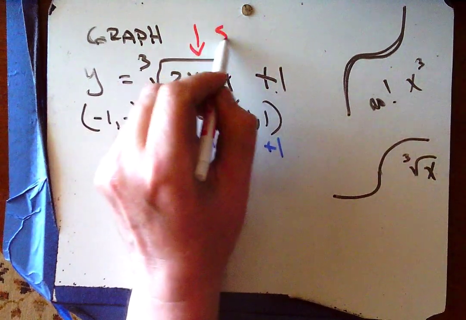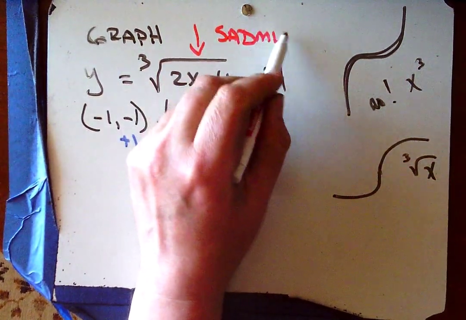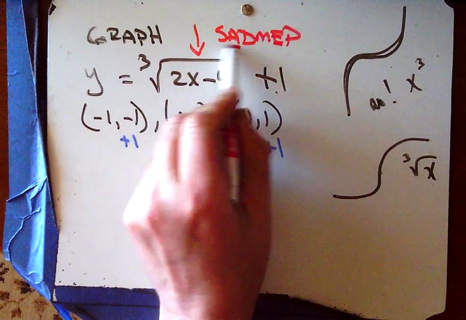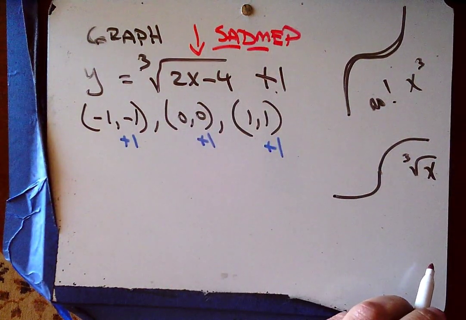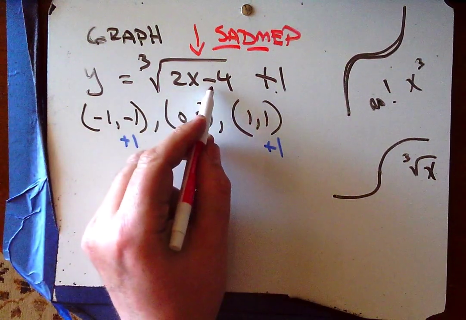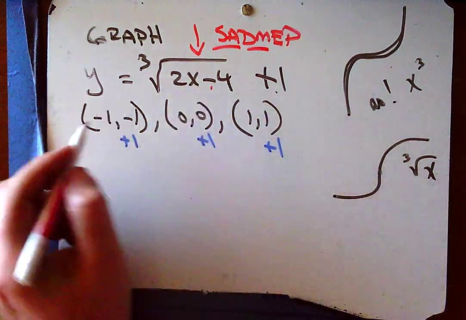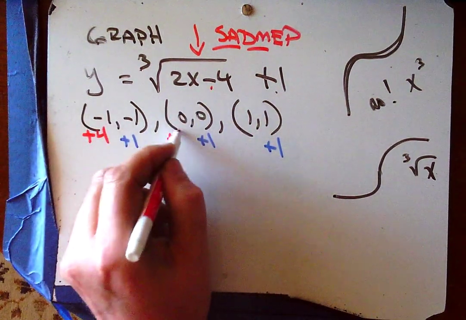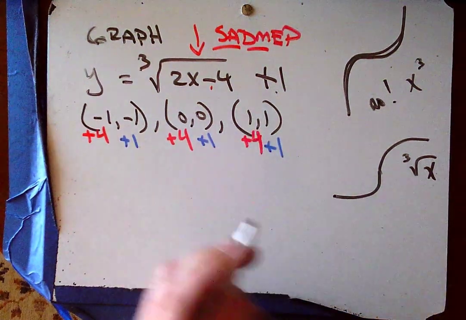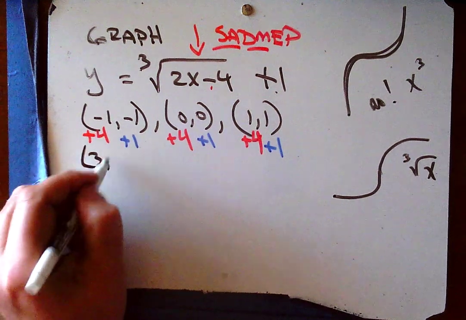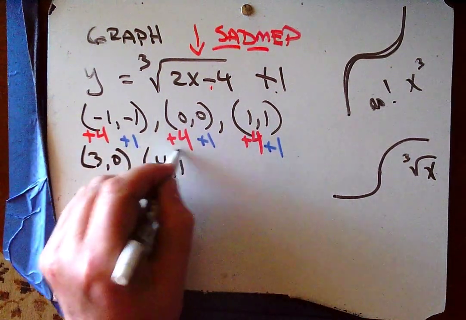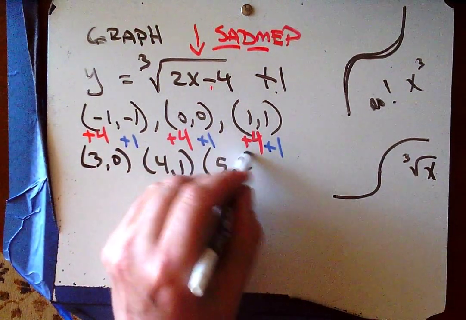Well, we know that inside is SADMEP. And so I need to take care of any adding and subtracting before I do any multiplying and dividing. Inside is opposite land, so I'm going to add 4 to all the x's. And so my transition points will be (3, 0), (4, 1), (5, 2).